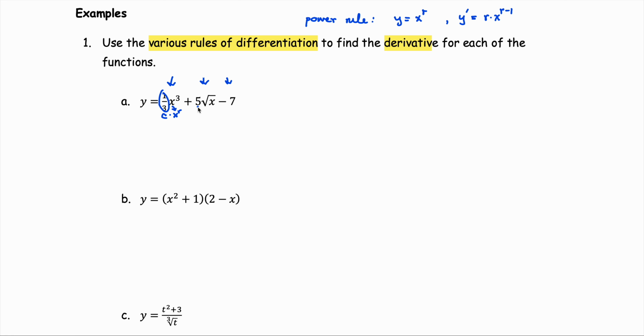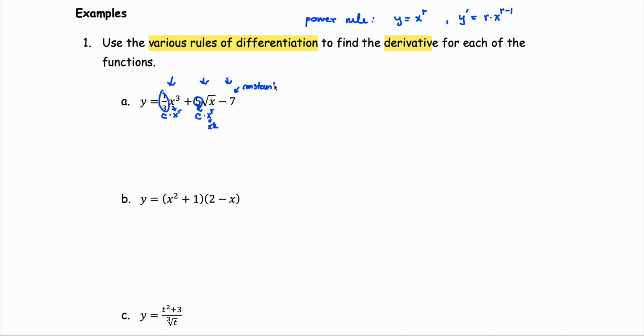The second term is the constant multiple, which is 5 as c, times x to a power. We don't see the power, so we have to convert this into the power 1/2, because power 1/2 is the square root. And the last term is a constant.